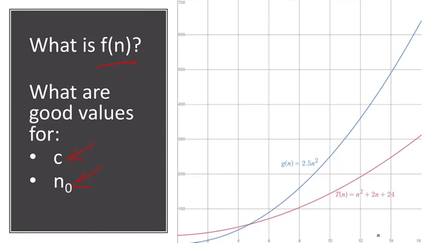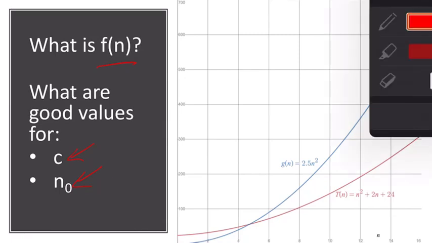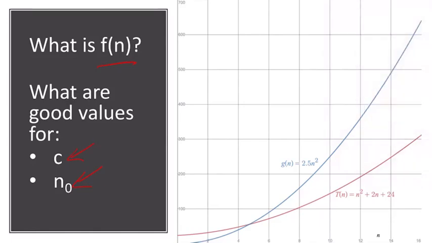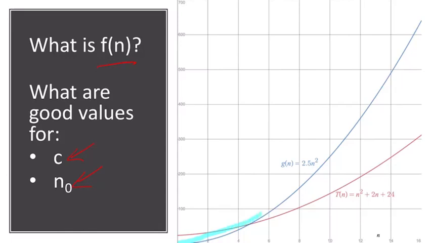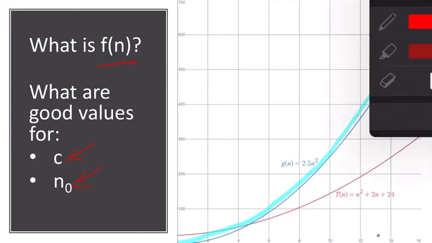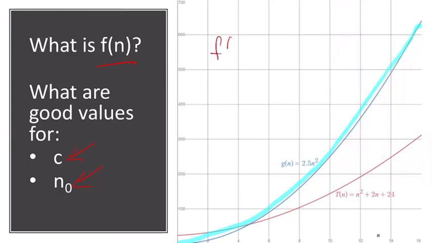In case it wasn't obvious, which I would say it's probably not, our upper bound here is going to be the blue line. And usually our upper bound is some constant times f of n, which means that f of n is going to be our n squared from here.